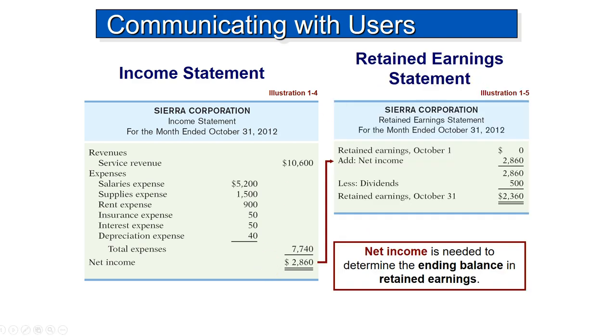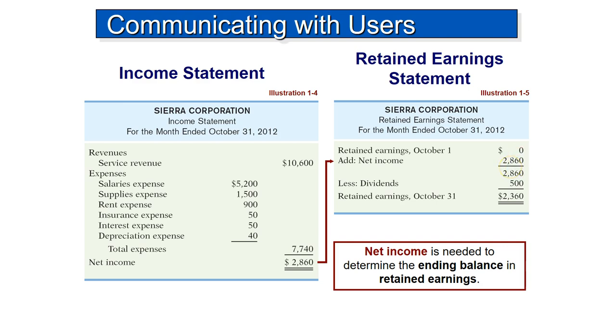So the next statement is the Sierra Corporation retained earnings statement for the month ended October 31st. Another word for profit is earnings. Retained earnings reflects the profit that the company Sierra is keeping. So this statement tells you what the profit is. They earned $2,860. They did not have any profit before October 1st, so obviously they started in October.